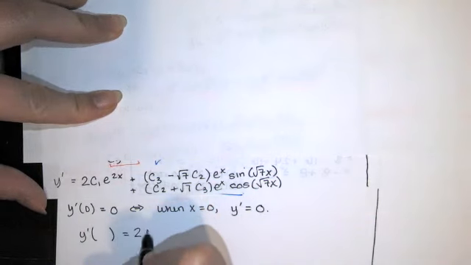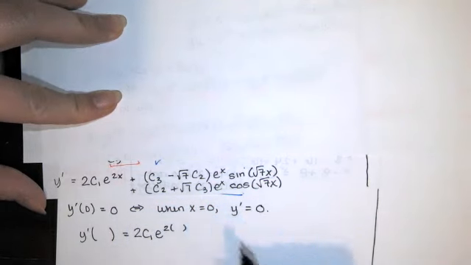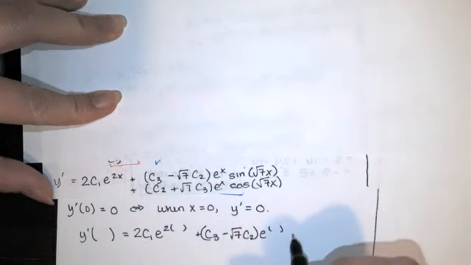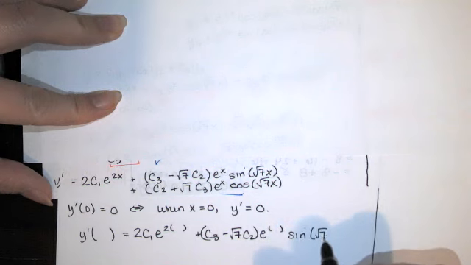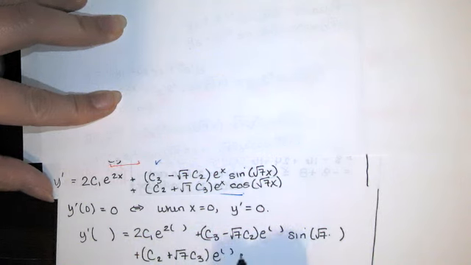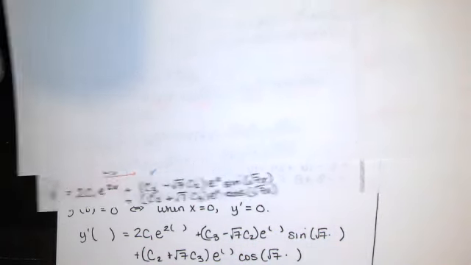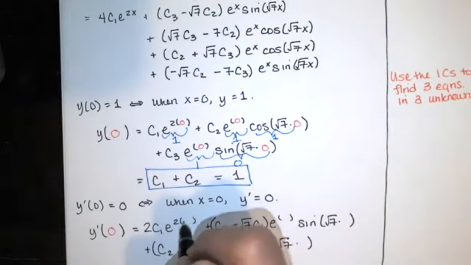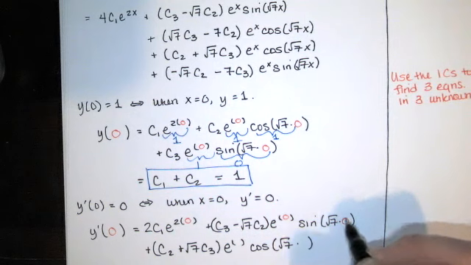So we've got 2c1 times e to the 2 times 0 plus c3 minus square root of 7 times c2 times e to the 0 times sine of square root of 7 times 0 plus c2 plus square root of 7 times c3 times e to the 0 times cosine of square root of 7 times 0. Evaluate all that at 0. And simplify where you can.